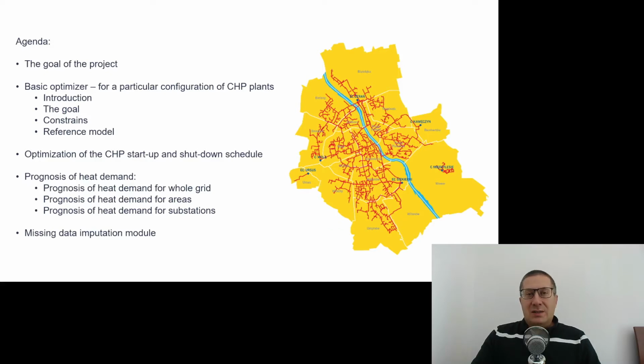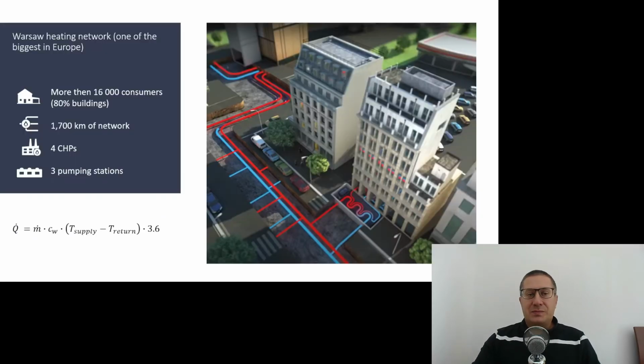Okay, so let's start from the basics. I would like to present the operation of a district heating network, especially the district heating network here in Warsaw. The Warsaw District Heating Network consists of 4 CHP plants. 2 CHP plants operate every day, and 2 heat sources are, let's say, peak heat sources that are started when it is really cold outside.